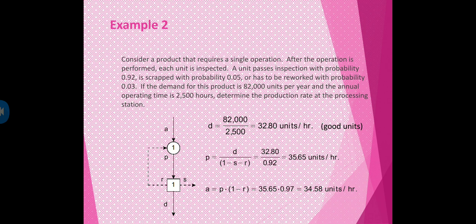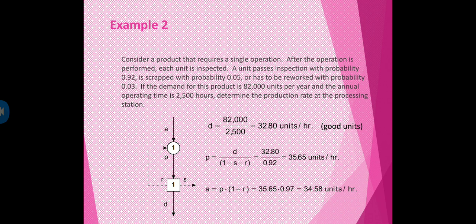After that we calculate P. P is equal to D upon 1 minus S minus R. So D, that is 32.80, we put it and we put the value of 1 minus S minus R, that is 0.92. When we divide, we obtain 35.65 units per hour, right?